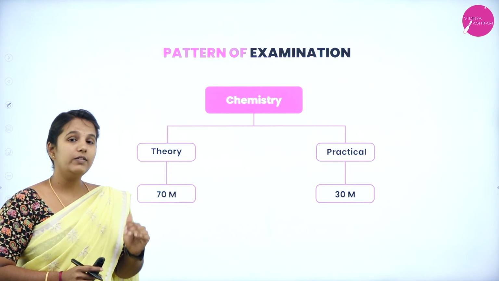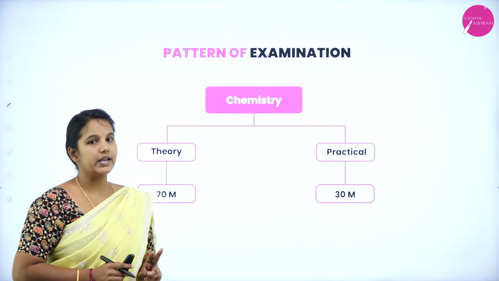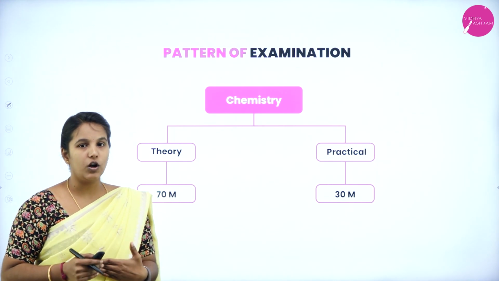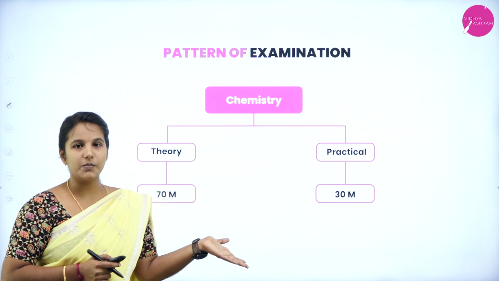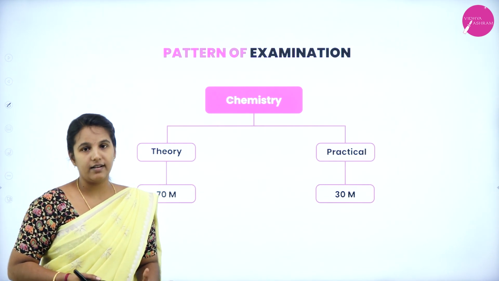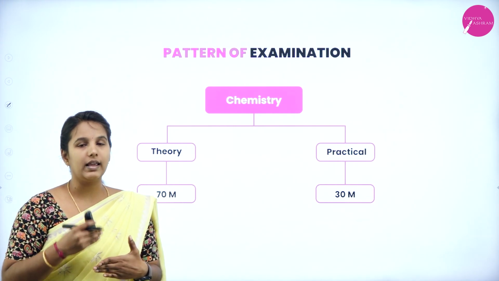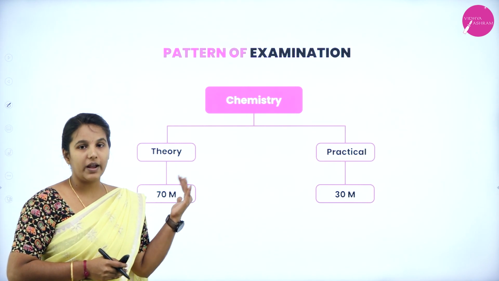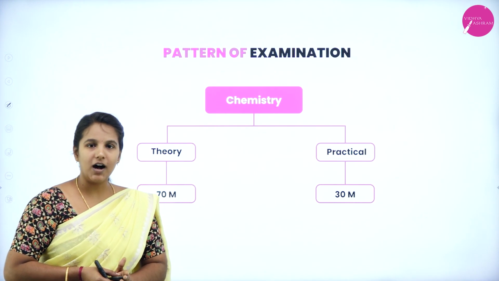Similarly, in chemistry, you write the theory for 70 marks and the practicals for 30 marks. One of the advantages of chemistry is that in practicals we have only 2 experiments, as you studied in your first PUC: the same kind of salt analysis and titration, and no other experiments will be given to you, so easily you can get 30 on 30 in the chemistry practical. Coming to theory, it is very easy to understand the organic, inorganic as well as physical chemistry concepts, and you can easily get 70 on 70 in the theory part also.